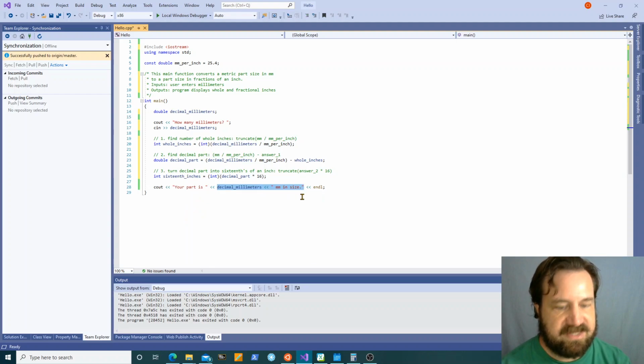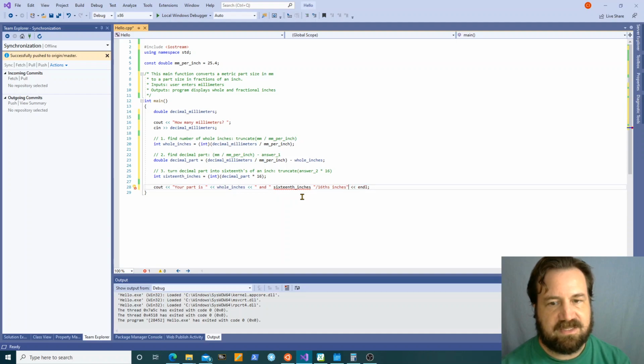Your part is whole inches and 16th inches.